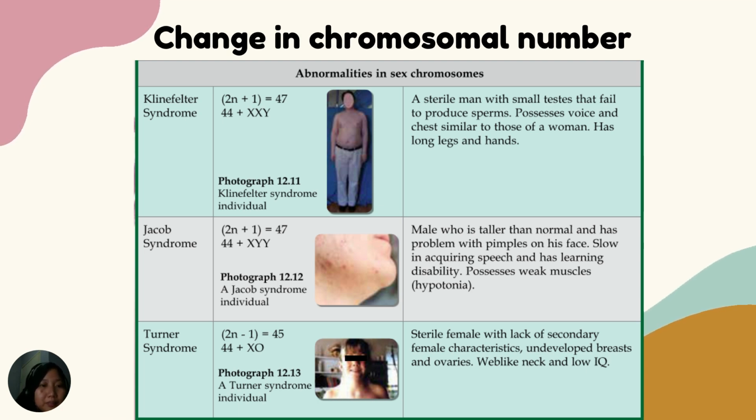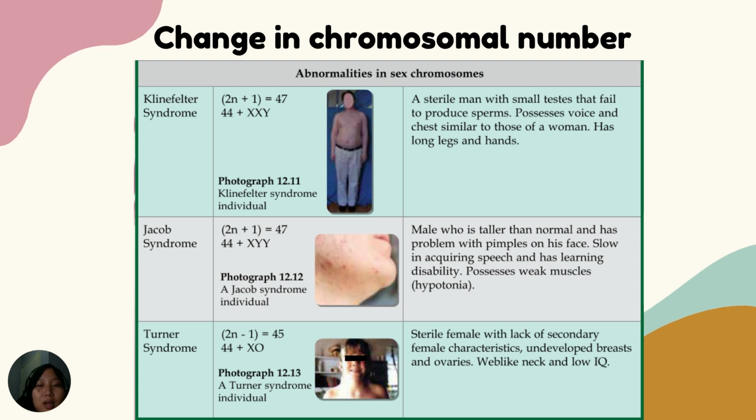Right? So Turner syndrome is for female. Turner syndrome has one less sex chromosome. A normal female should have 44 plus XX, but for a Turner syndrome individual, they have 44 plus X. O means the absence of the X chromosome.